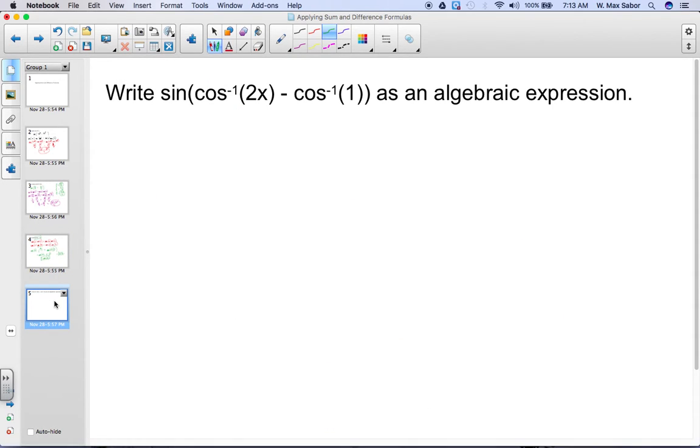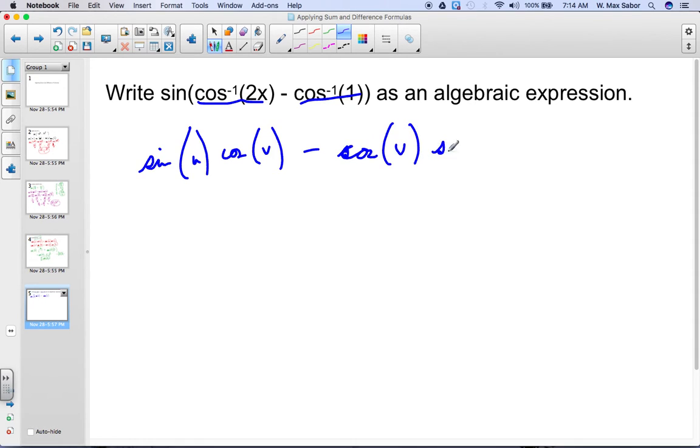And this one is clearly more confusing, but we have a u and a v written out. So now it's a matter of what's the formula? Sine of u cosine of v minus cosine of u sine of v. So let's plug these in. And this is where things get a little ugly.